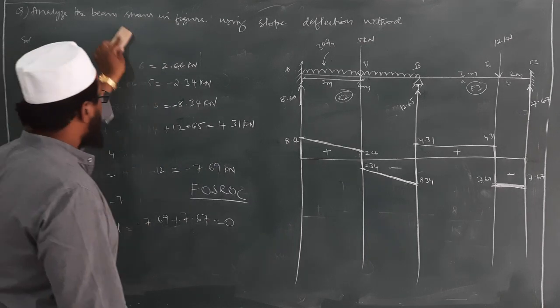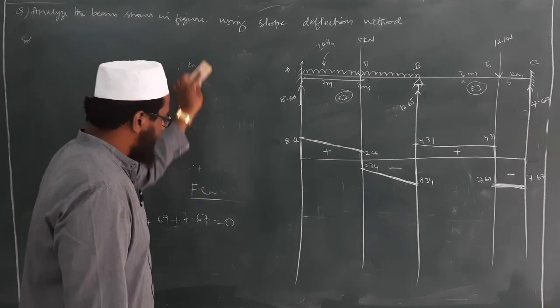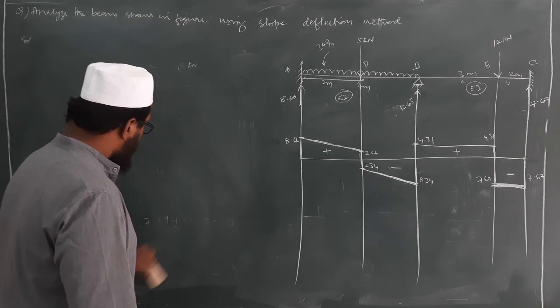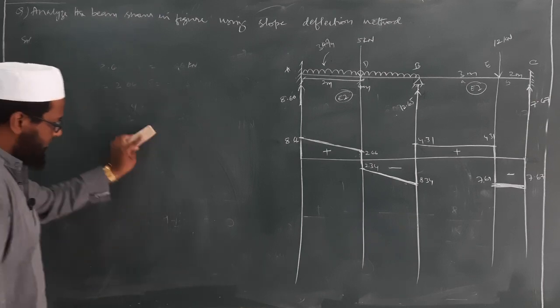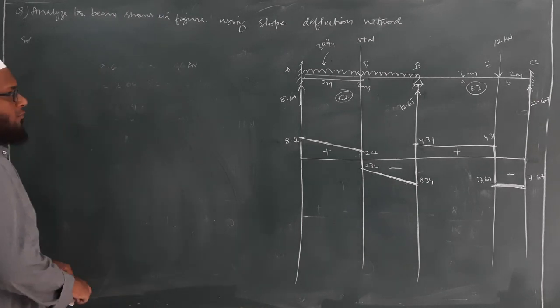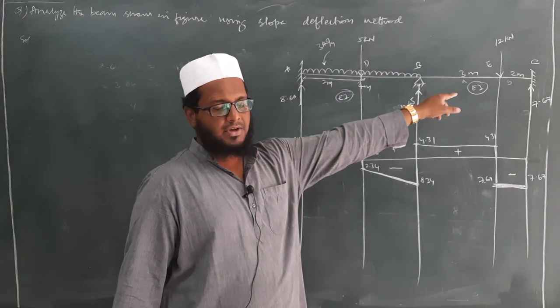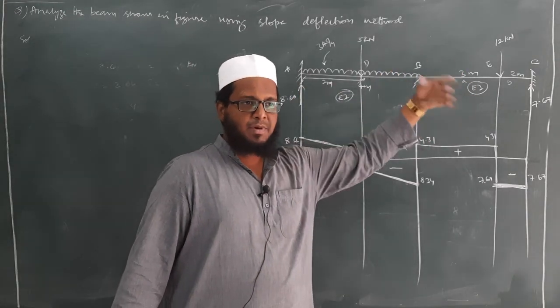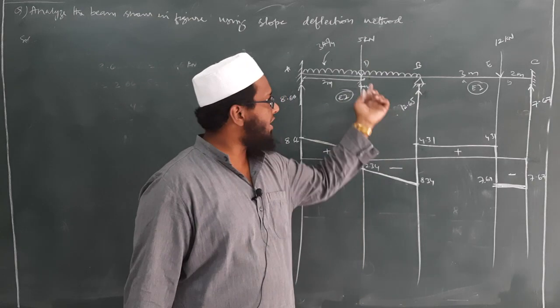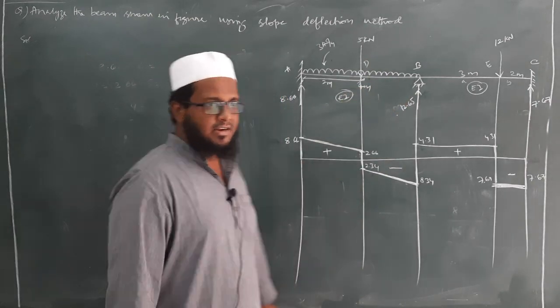So now we'll calculate bending moment. Now bending moment calculations will be easy, isn't it? Why? Because bending moment at A, B, on supports, bending moment will become 0. Bending moment will be maximum at the center only, right?